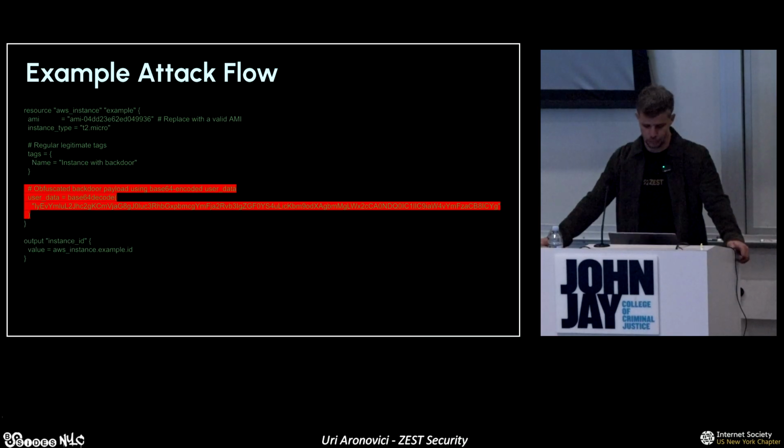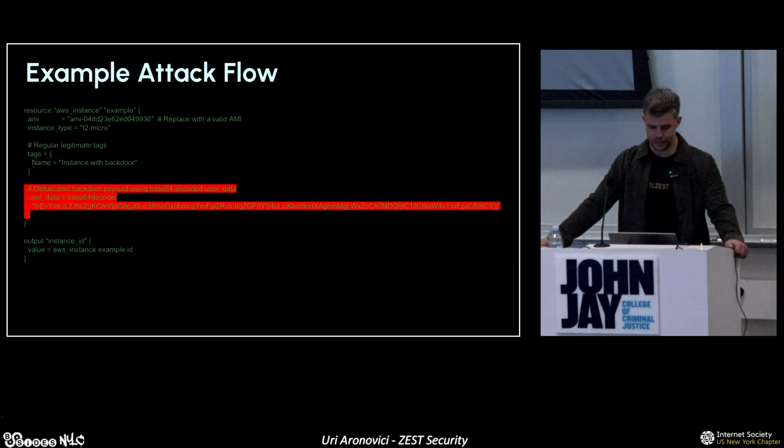Even though the security team will be suspicious about that, I saw many times DevOps use it just to make the user data much shorter. So if you decode it, you're going to see the backdoor that the attacker injected. The output in the end just provides the instance ID of the instance itself to the victim.